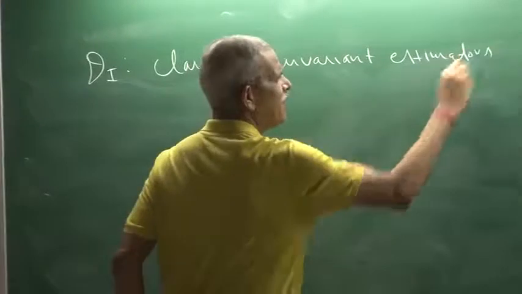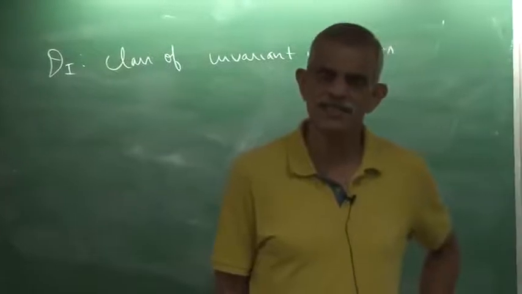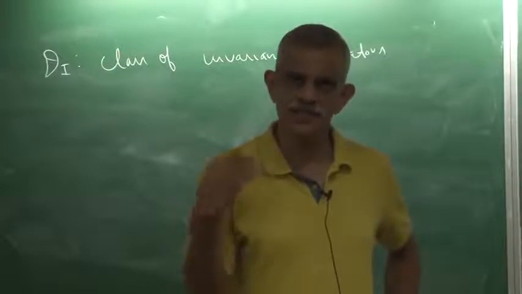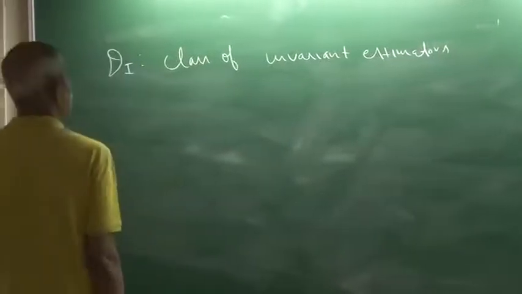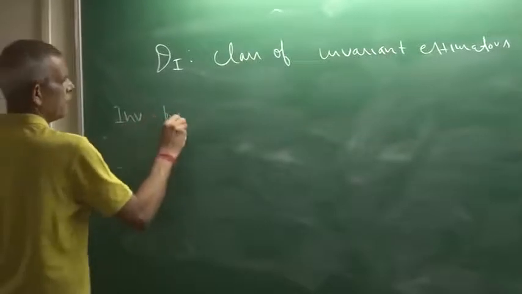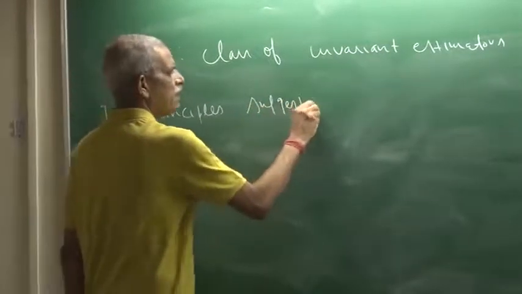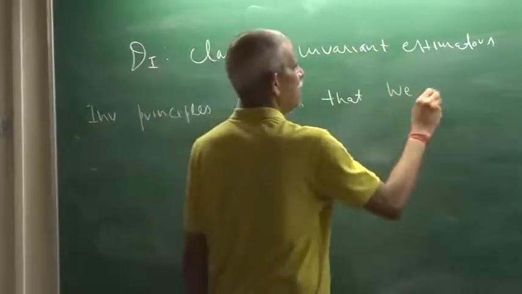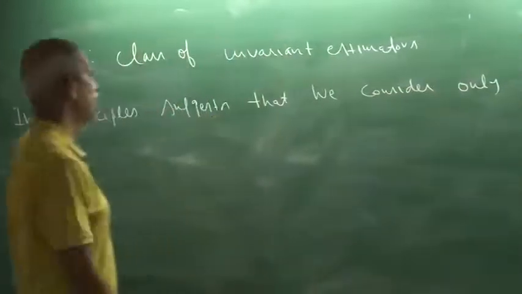Actually, I'm repeatedly using decision rules because in a general decision problem, of which estimation is a particular case, any rule which tells you how to take decisions is called a decision rule. So the class of invariant estimators. So the invariance principle suggests that we consider only invariant estimators.